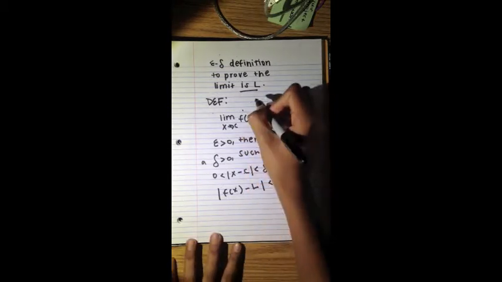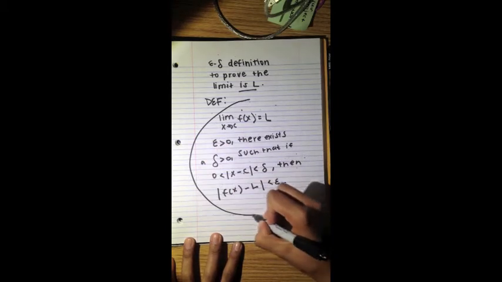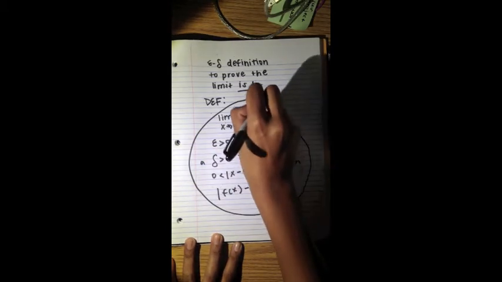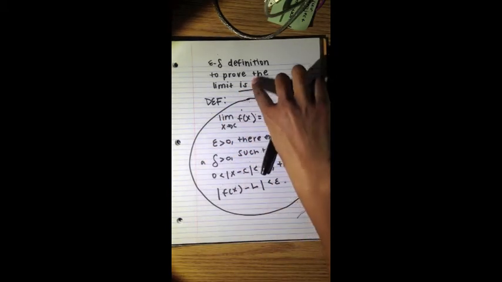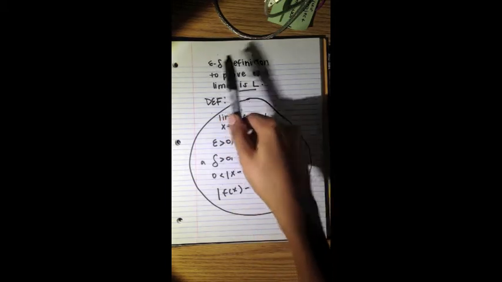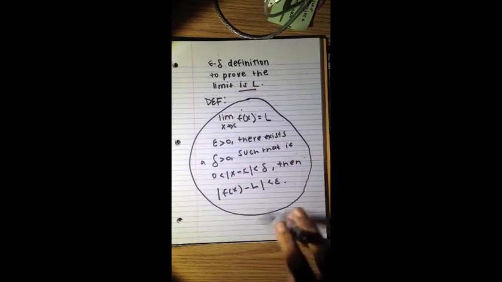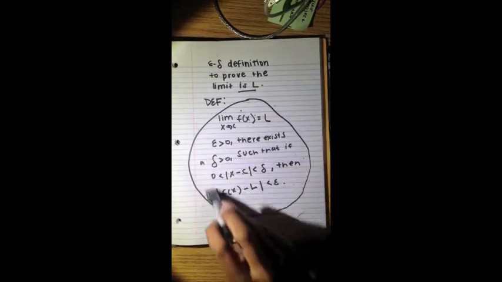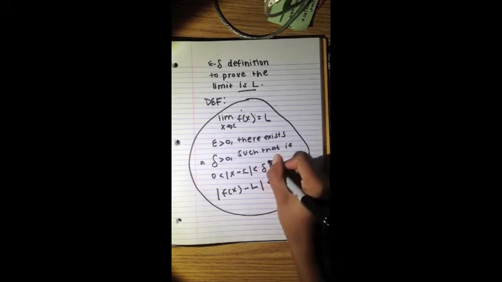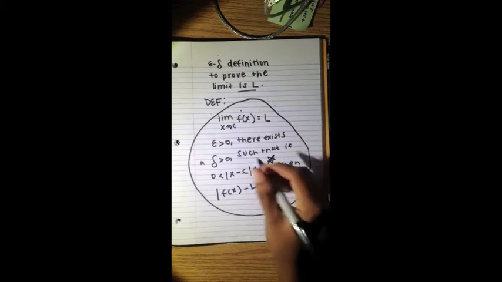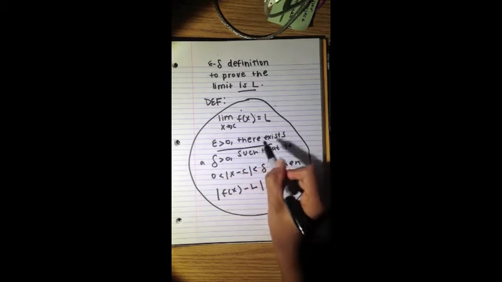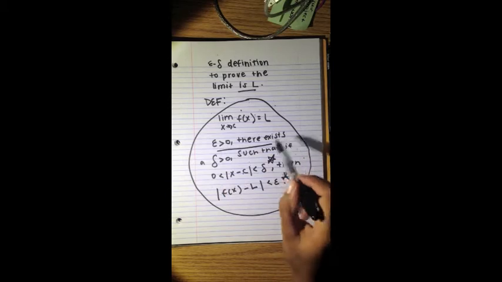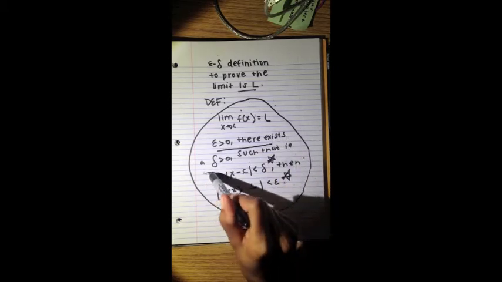So, like I said, this definition is given to you in the book. It is extremely important, especially when a question is asking you to use this definition to prove the limit is L. This is what they're asking you to base your proof on, especially these two inequalities here. For every epsilon greater than 0, there exists a delta greater than 0.